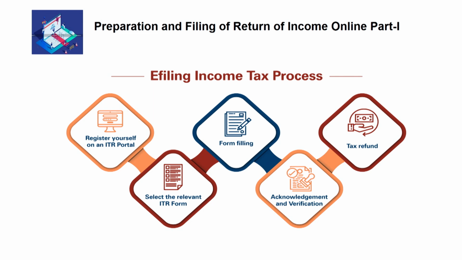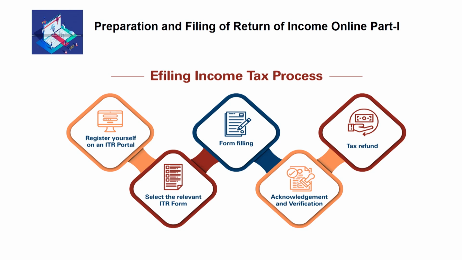ITR 1, ITR 2, ITR 3, ITR 4, ITR 5, ITR 6, ITR 7 are available on the income tax department portal. So first of all, for whichever type of ITR we are fit, it is very important to select the accurate ITR form.